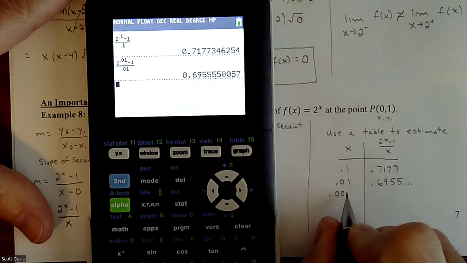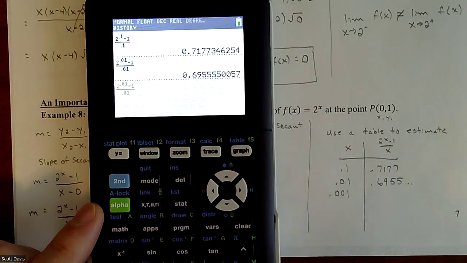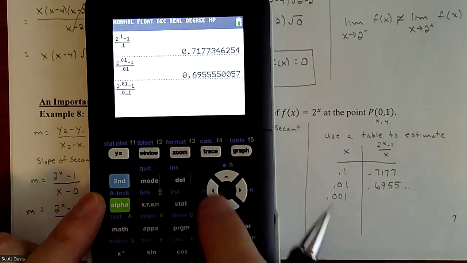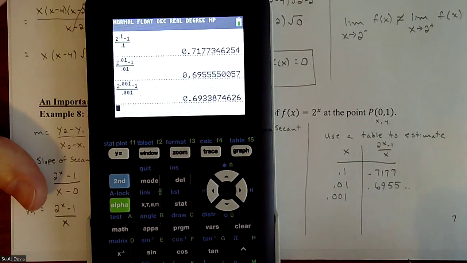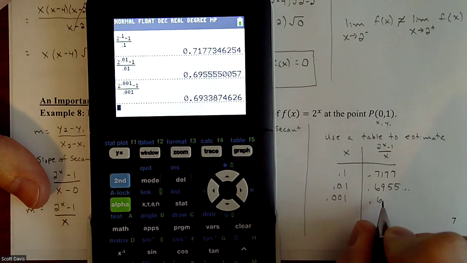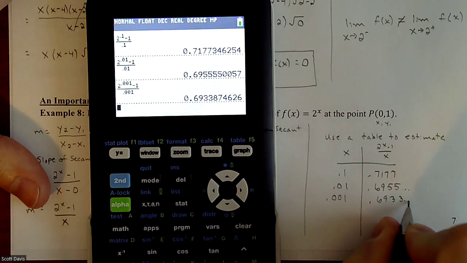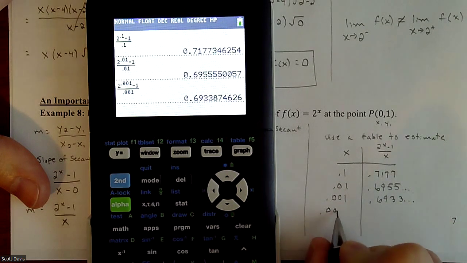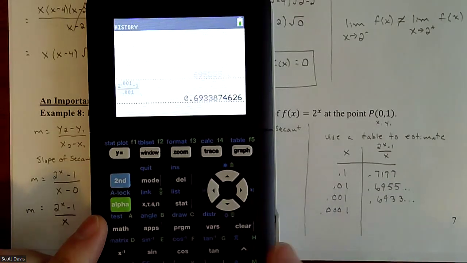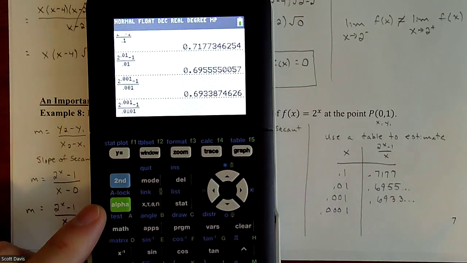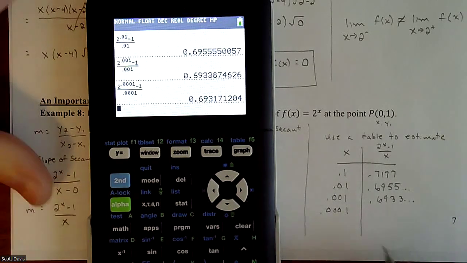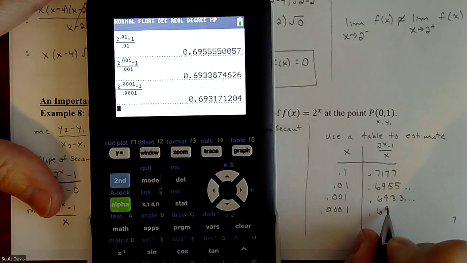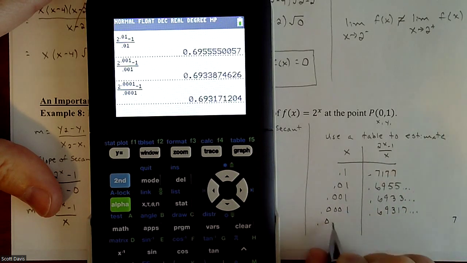We'll go 0.001, and it's still hovering around that: 0.6933 and so on. Then 0.0001, inserting another 0. Okay, we're getting closer: 0.69317 and so on. Maybe we'll just do two more of these.